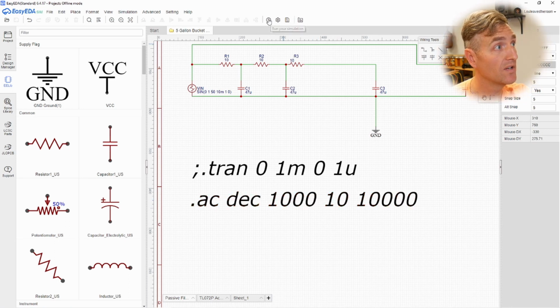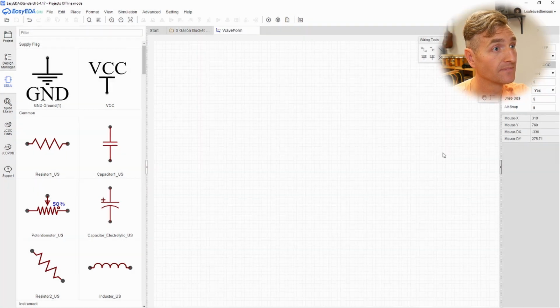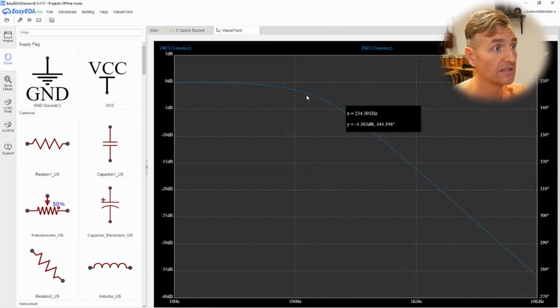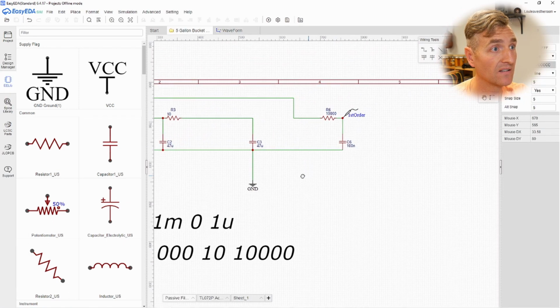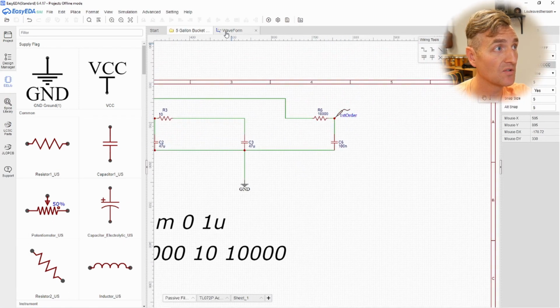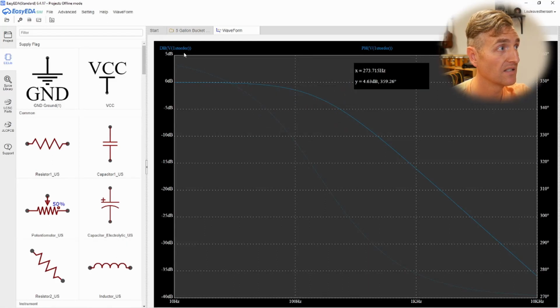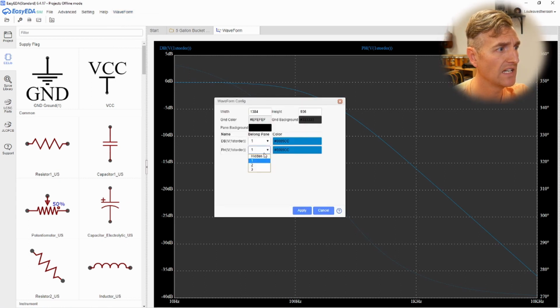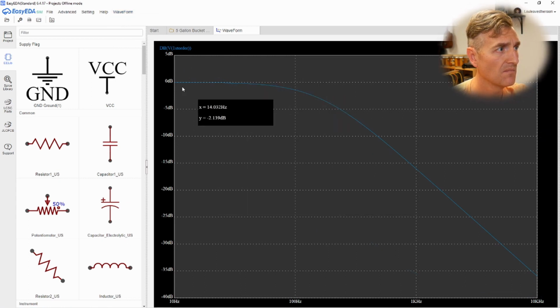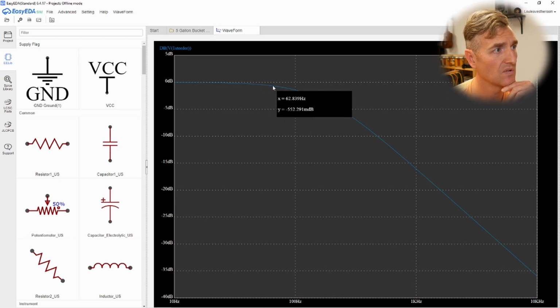I'm going to run my simulation and we should get the V first order. If I look back here, I can see that my probe is called first order. And here is my first order. I can hide the phase for now, since I'm mostly concerned with amplitude.